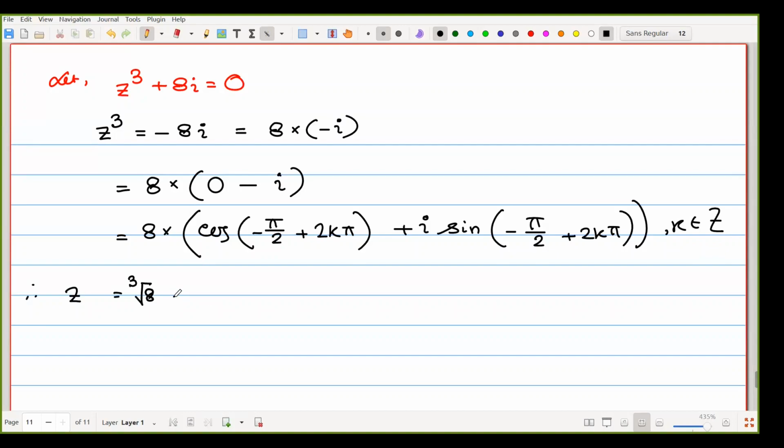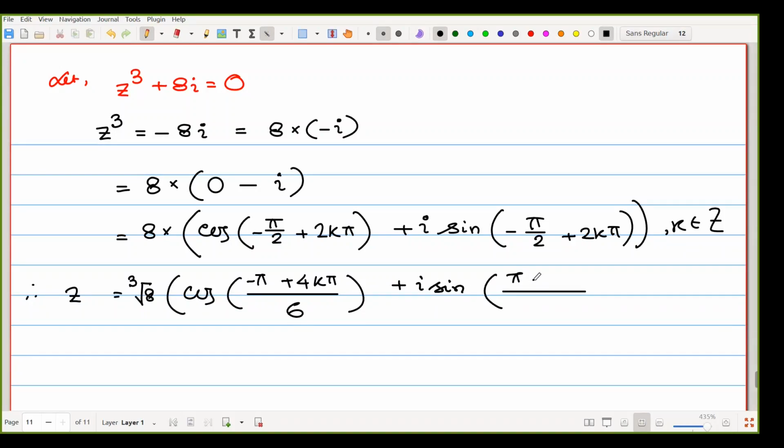So we are writing it here, that is cos of (minus pi plus 4k pi) divided by 6, and plus i sine of (minus pi plus 4k pi) by 6, where k belongs to 0, 1, 2.